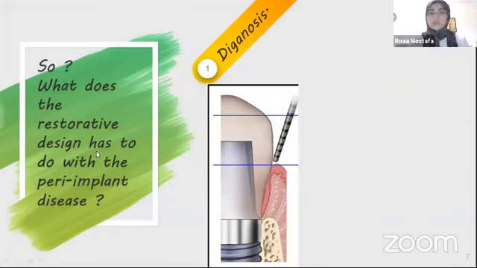I want to put the probe around the implant and get proper probing depth. I could see if there is bleeding on probing or not. I could see if there is any suppuration or any bleeding around the implant. So the restoration shouldn't hinder me from doing this. Very good.